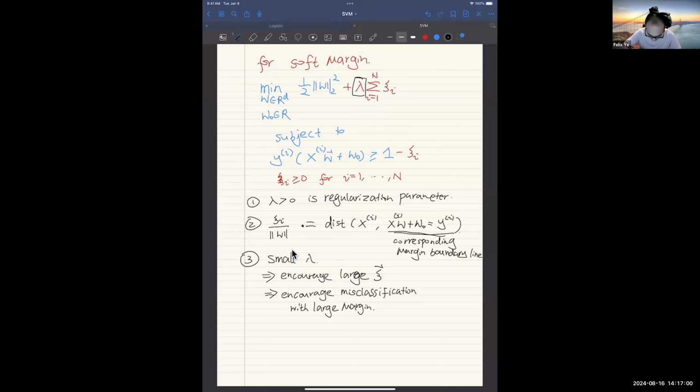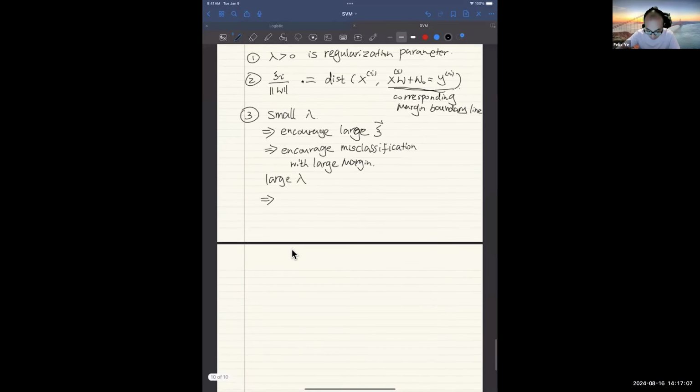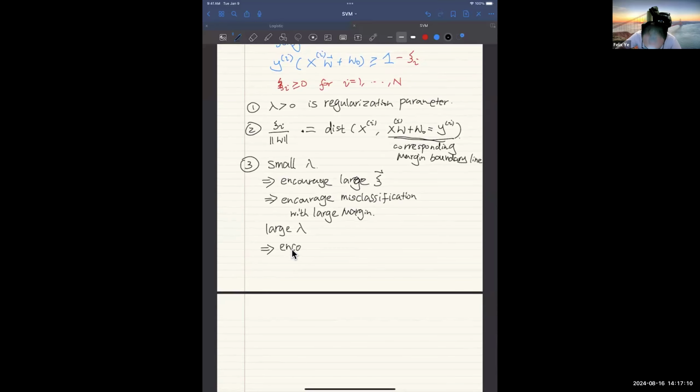If we have a large lambda, that means we are going to encourage the small c vectors. As a result, we're going to discourage the misclassifications with the narrow margins.